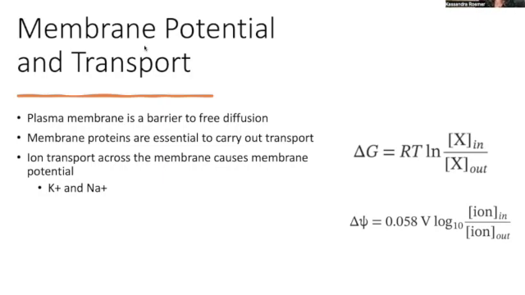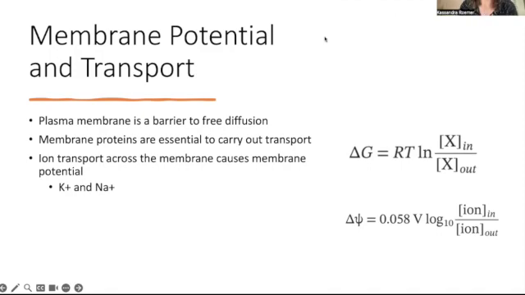Therefore, we also need those membrane proteins that we just talked about to carry out transport through the bilayer. But more importantly, we need to be able to transport ions across the membrane to keep the membrane potential, which I explain in a second. We have a membrane potential, which can be calculated through the temperature and the natural log of the ion concentration on the inside versus on the outside.